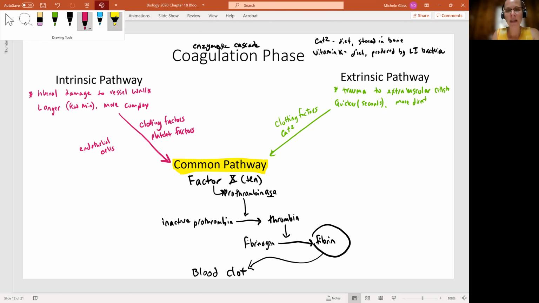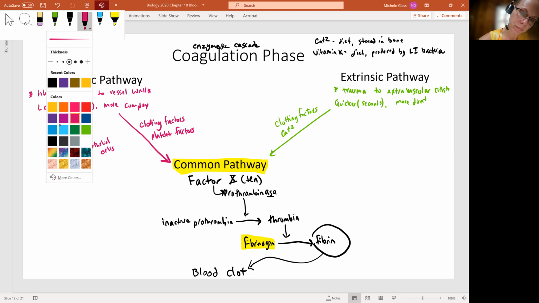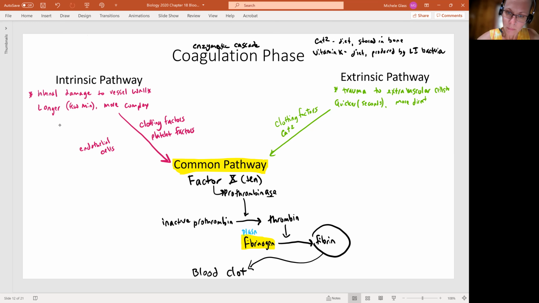Okay, a couple things. Fibrinogen we talked about as one of our plasma proteins. It's always in circulation. So again, this goes back to like, we don't want to spontaneously convert fibrinogen to fibrin. We want a lot of steps with a lot of controls to keep that from happening.